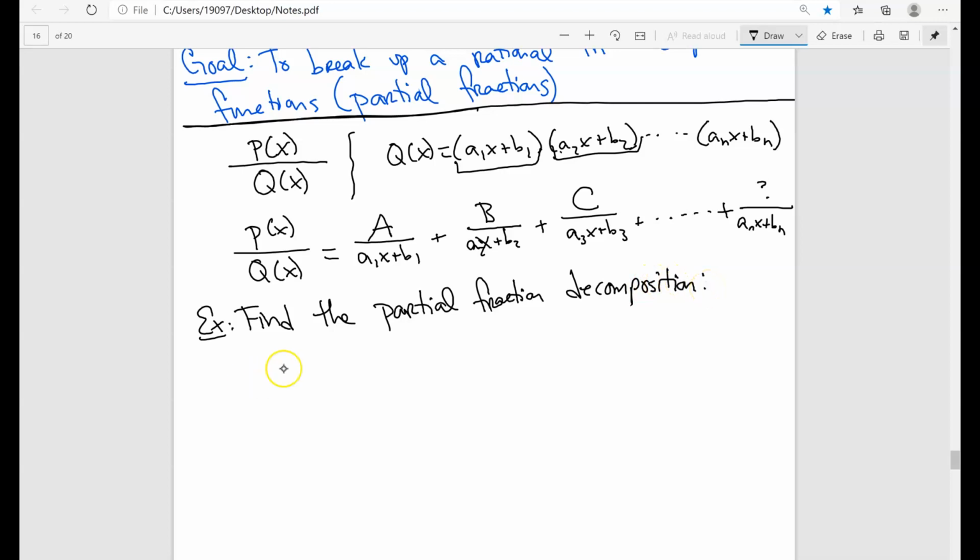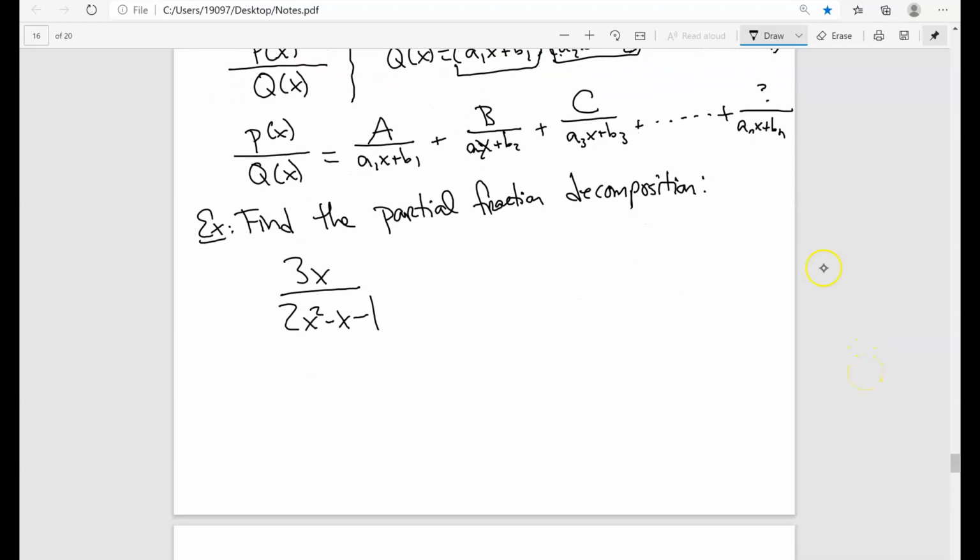Okay, so you want to do it for 3x over 2x squared minus x minus 1, which is basically what we just did in the very beginning of the video. So the first thing that you want to do when you do problems like this is try to factor it. Factor the denominator as much as you can. So we know that this is just going to be 2x plus 1, x minus 1. Okay, so that's what we have.